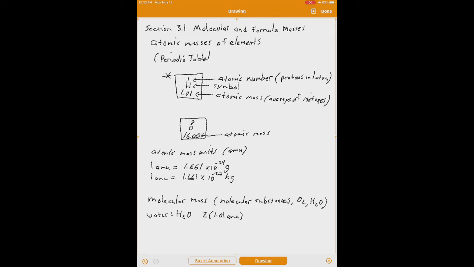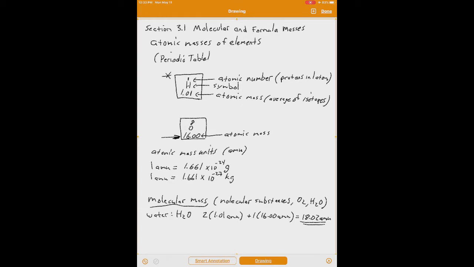Remember, with chemical formulas, if there's no subscript, that means it's a 1. So there's 1 oxygen. Where did I get the 16.00? Right here, that's the atomic mass of 1 oxygen atom. Add those together, you get 18.02. That's called the molecular mass of water. It's essentially how much one water molecule weighs.